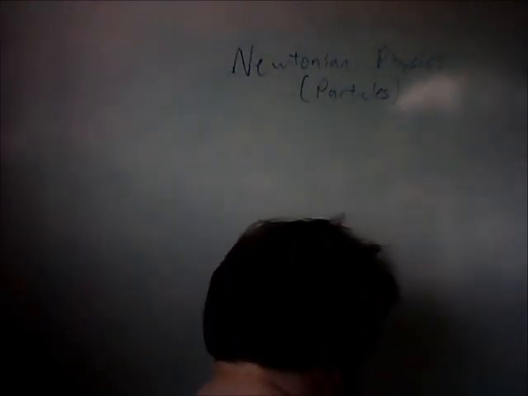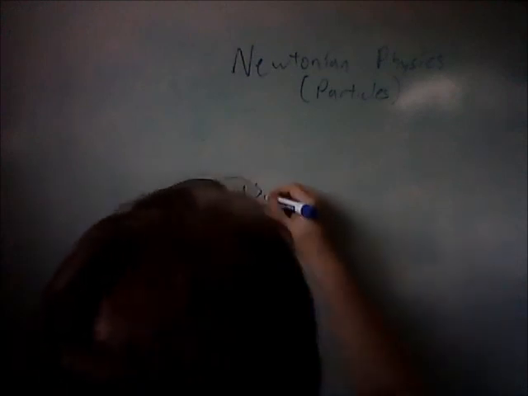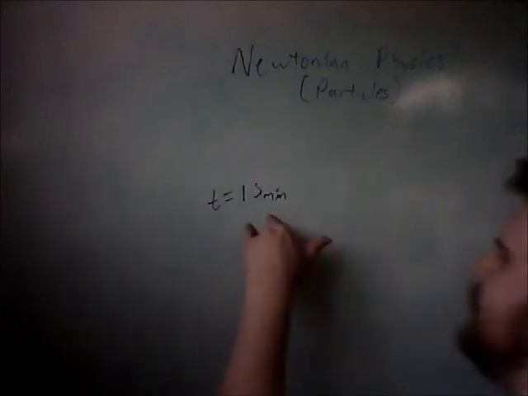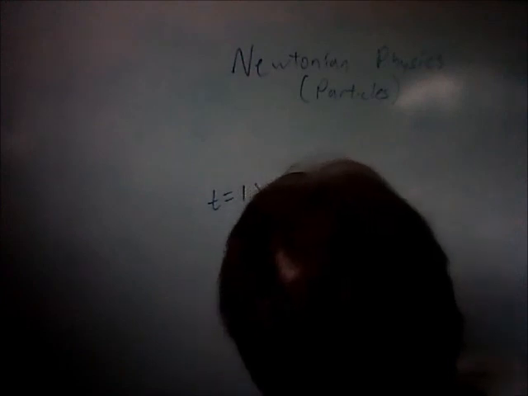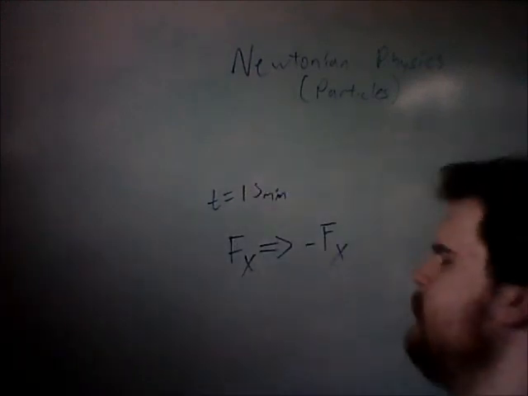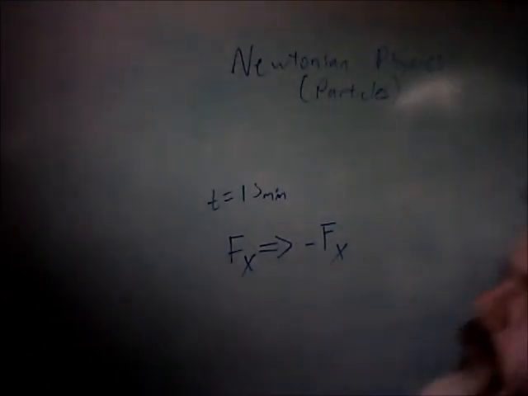Now, we also need to know that it's reversible. To reverse it, all you do is take the conditions at some later point in time, say you let it evolve until t equals 15 minutes. Now you take the state at t equals 15 minutes, and then let the force that evolves it forward in time go over to minus the force that's going to evolve it backwards in time.